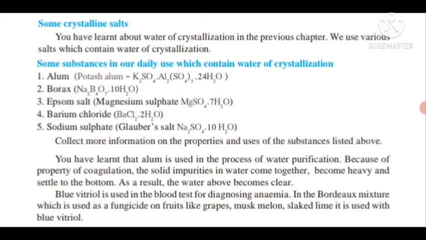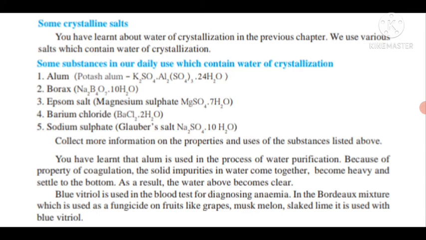Number 5, sodium sulfate. It is also known as Glauber's salt, Na2SO4.10H2O. So all these salts contain water of crystallization. We can see H2O molecules are present, and they show water of crystallization in it.